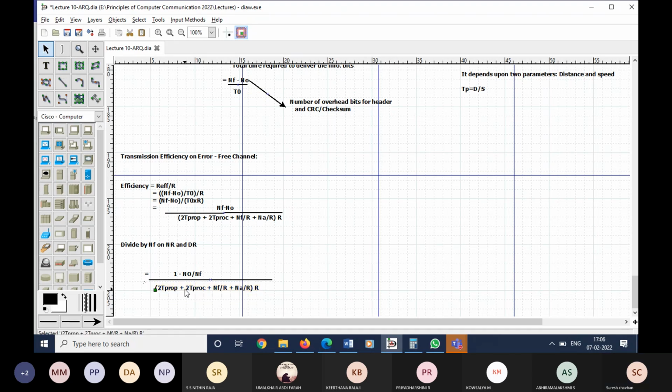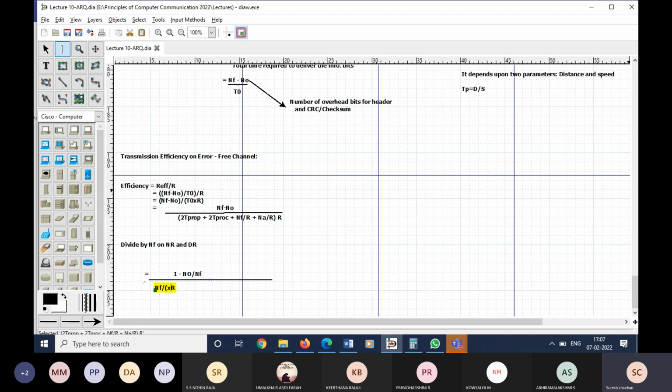So here, this is completely divided by, so I'll rewrite this one so that you'll get a clear idea. So, 1 minus N0 divided by NF, right? Then NF divided by R, correct?